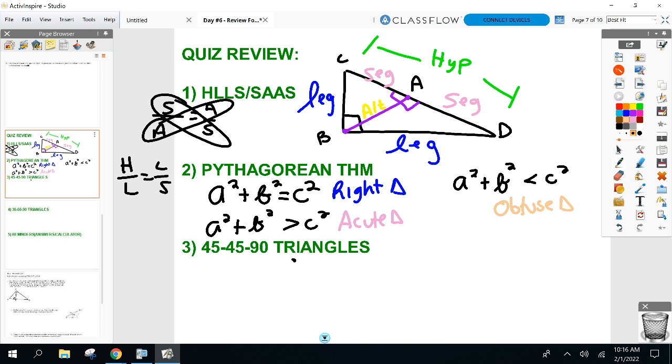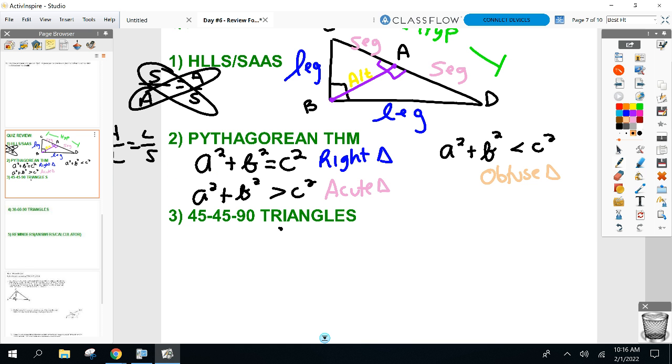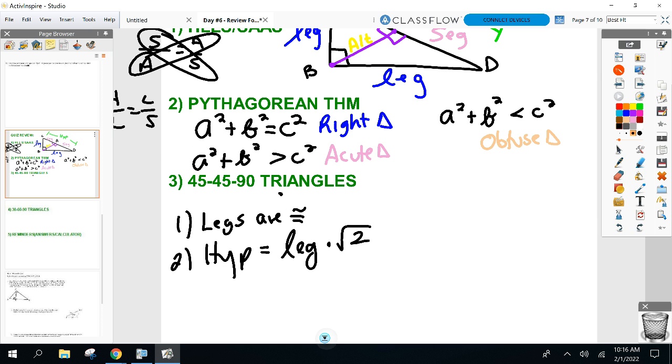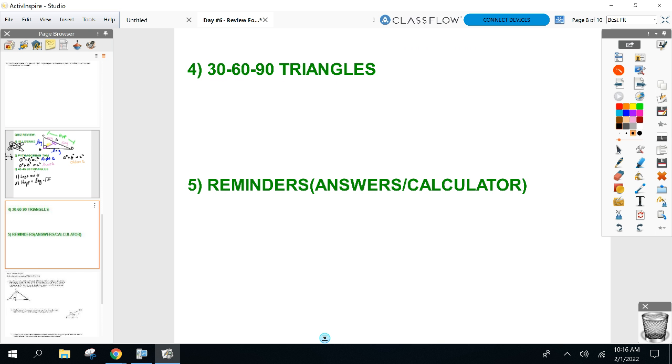Your 45, 45, 90 rules. I'm not going to give them to you. What do we know about the legs? And how do I find the hypotenuse? Leg times square root 2. Questions? And 30, 60, 90. Tell me something about the hypotenuse.